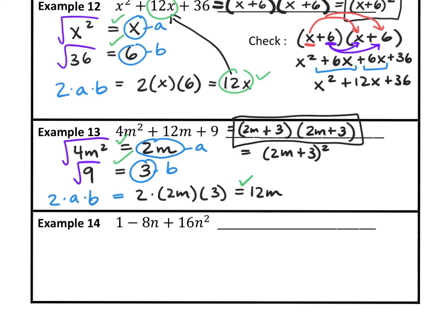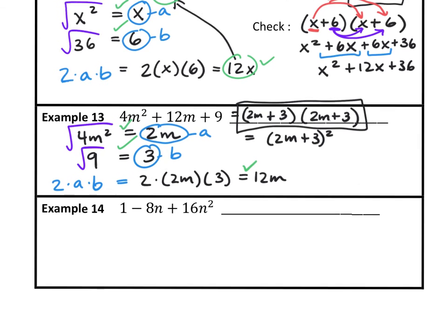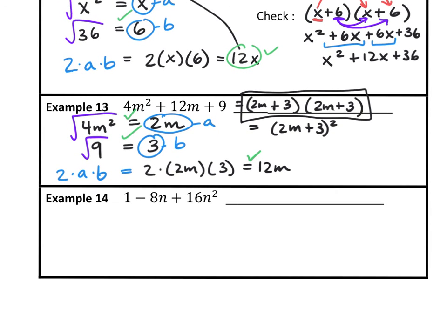All right, and then the last example. For the last example, we're going to check, can I take the square root of 1? Yes, it's 1. Can I take the square root of 16n squared? The square root of 16 is 4. The square root of n squared is n.